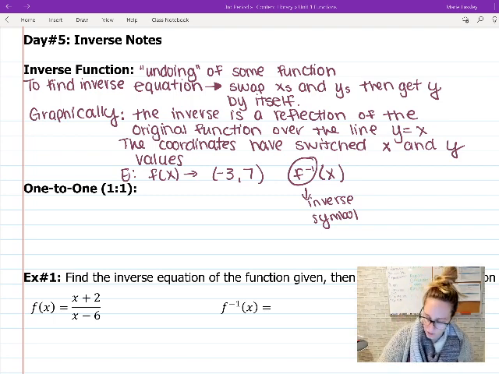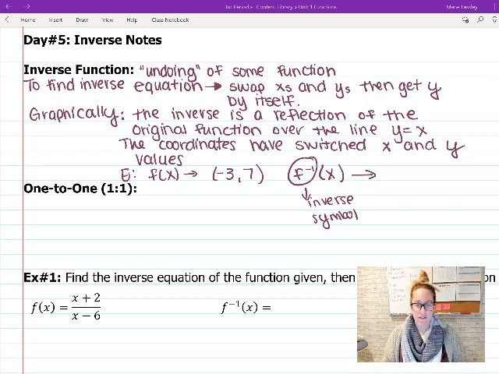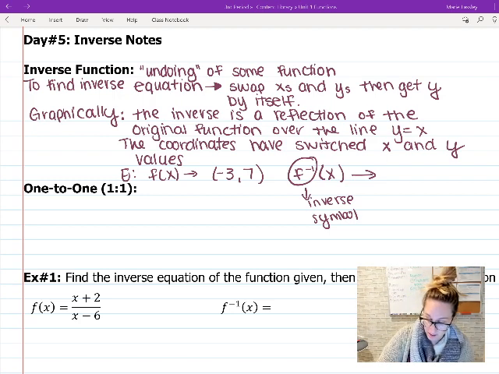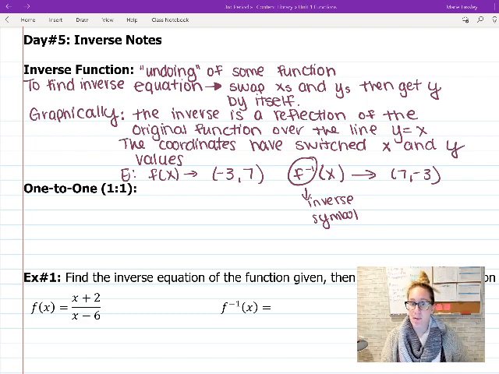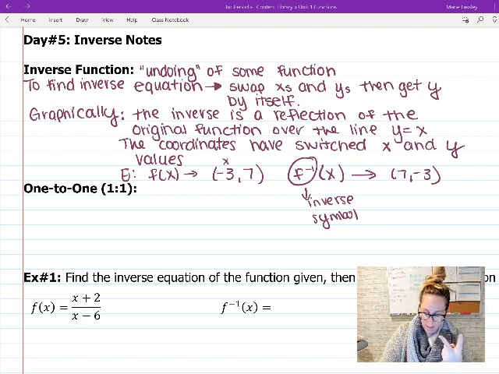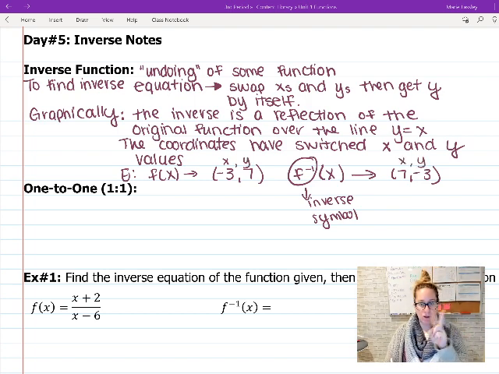All right, so like I said, if f of x had the point -3, 7, then f inverse of x would have the point 7, -3. So you don't do anything to the numbers, you just switch the position, right? This was x comma y. Now we just flipped our x's and our y's. We didn't change anything about the values.